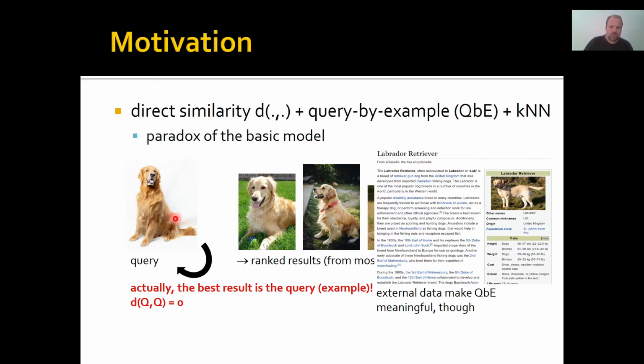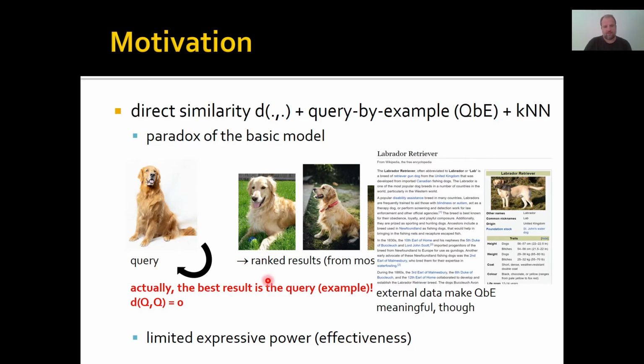So we actually face the problem of this paradox. And in turn, this reflects in somehow limited expressive power of the simple search, the query by example paradigm, and the KNN search. So also the effectiveness of the retrieval is somehow limited by this paradox.